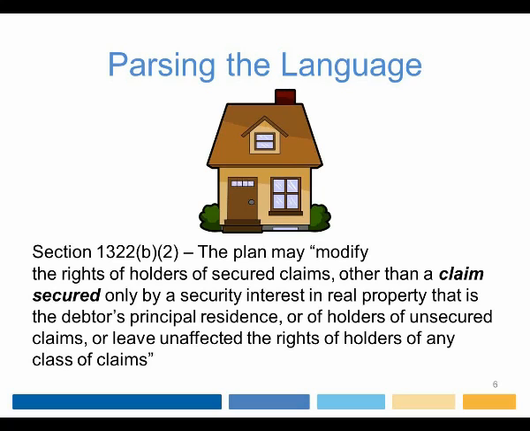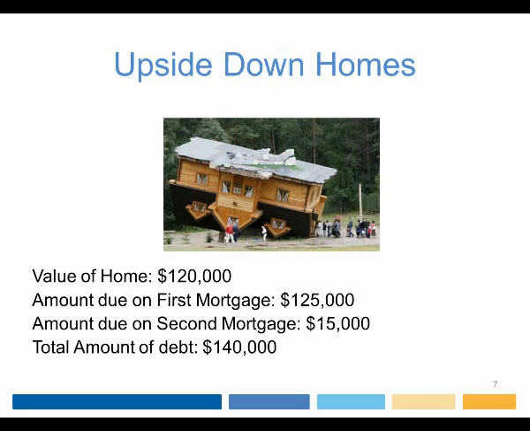So it has to be a claim secured. Why is the emphasis on that? Because if the claim isn't at least partially secured by the value of the property, then it can be treated effectively as a wholly unsecured mortgage.